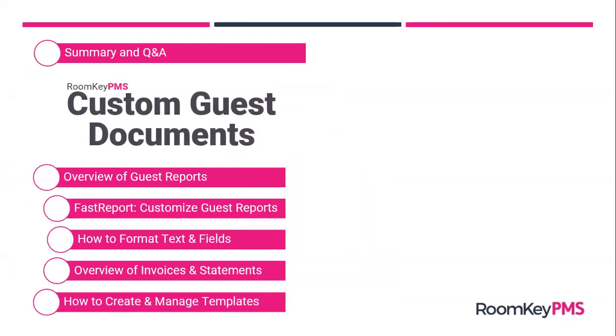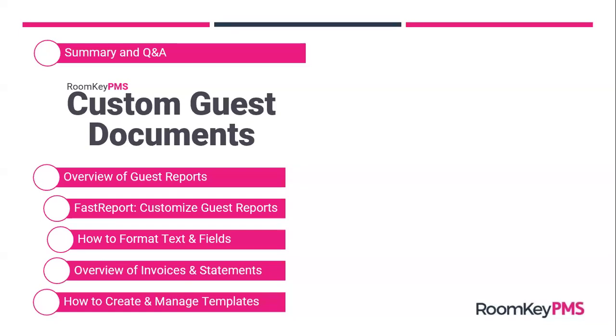Now to wrap up our presentation, we've had an overview of the different guest reports. We did take a more detailed look at that fast report tool when we were customizing guest reports. We looked at some common questions that our team does get with regards to how to format text and fields using the fast report tool.